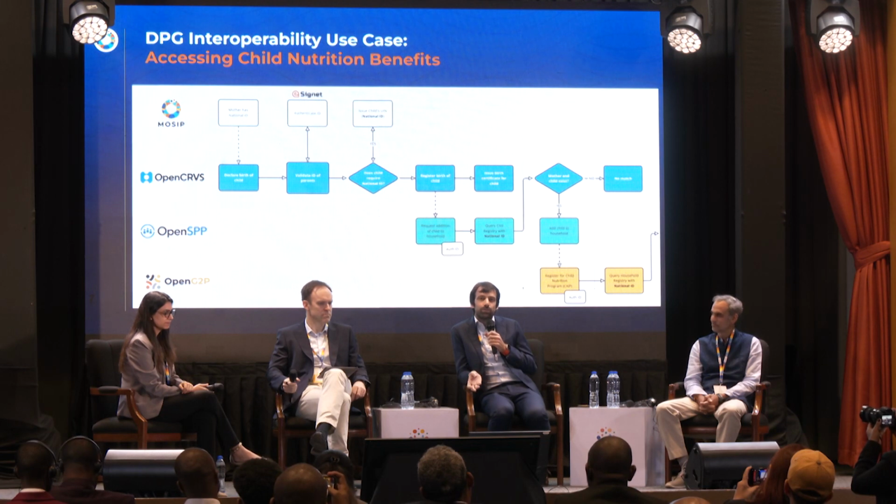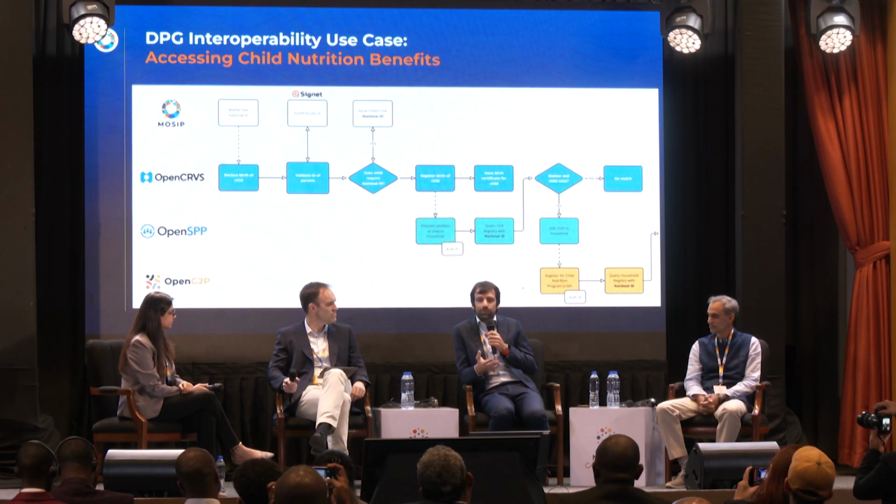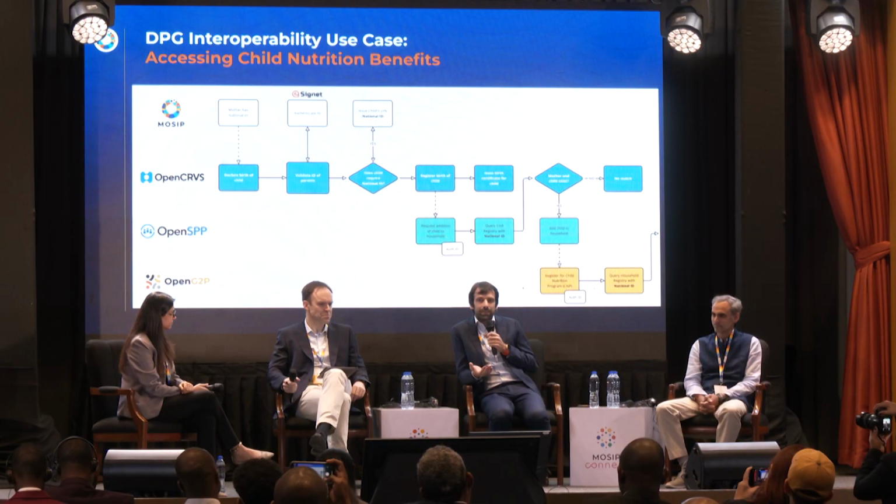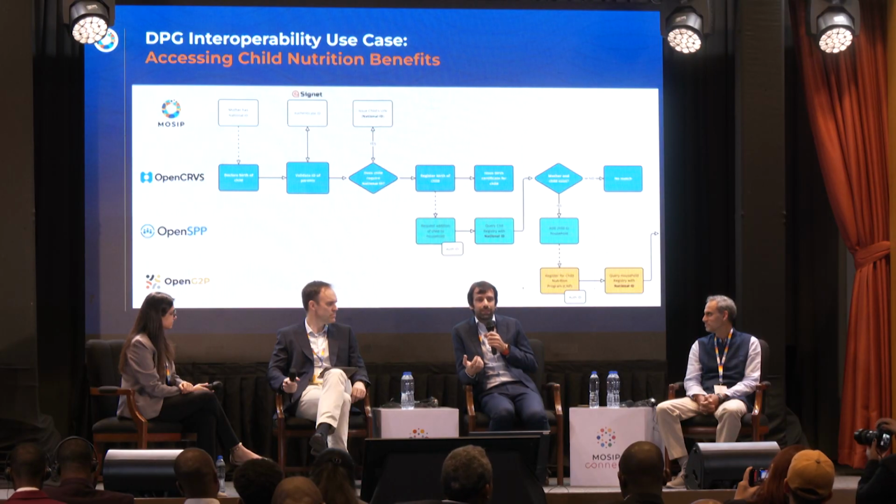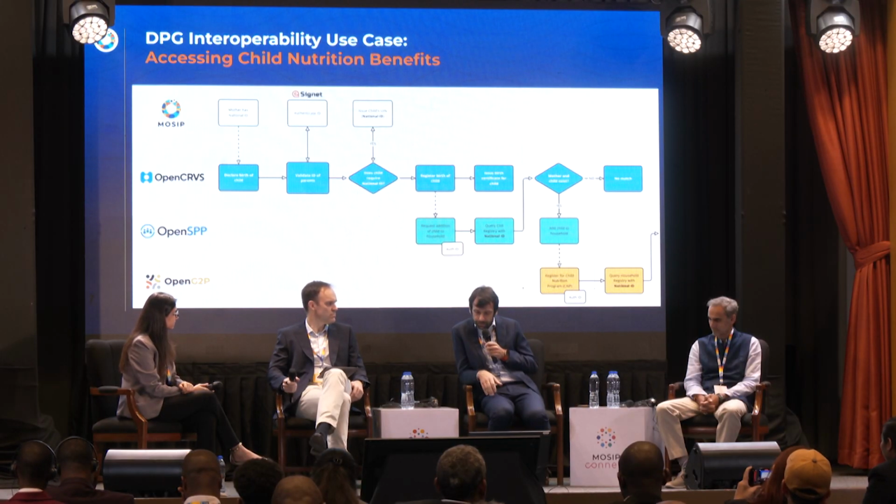We want to be able to add the child to the household so they can later on, depending on different social programs, be enrolled. So in this case, we have different ways. The family could either do self-service, so they would log in, potentially using e-Signet also in this example, or they could go to a booth where people would do it on their behalf.